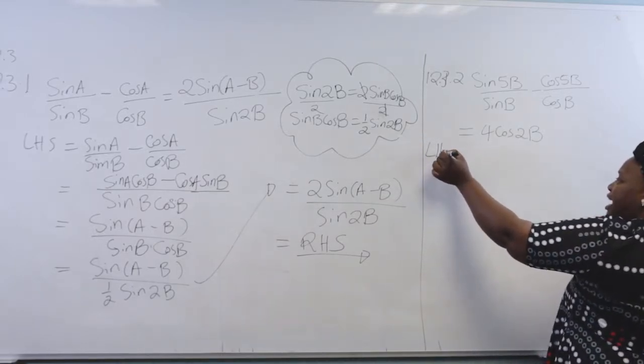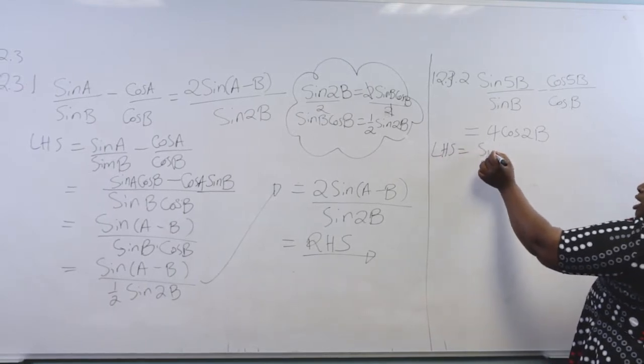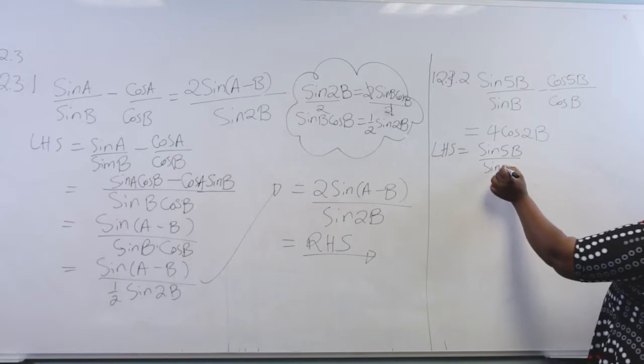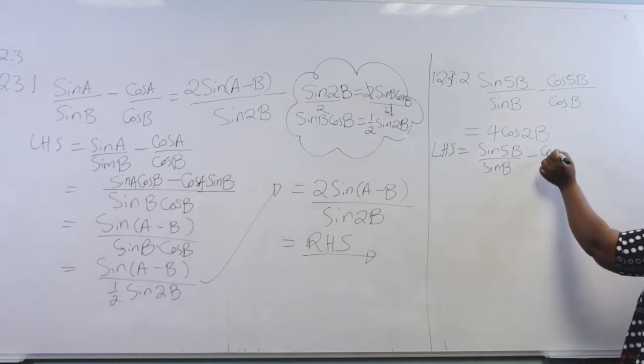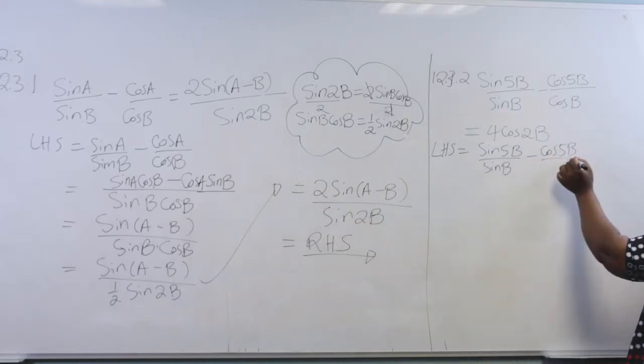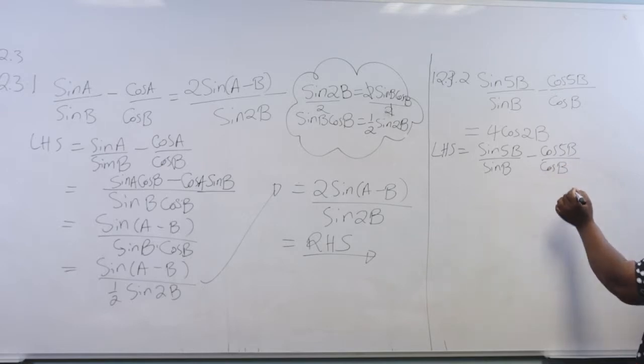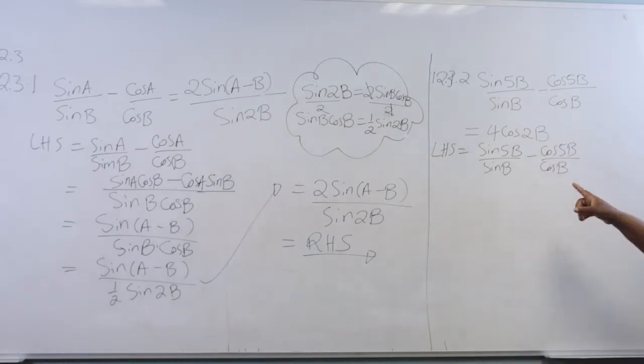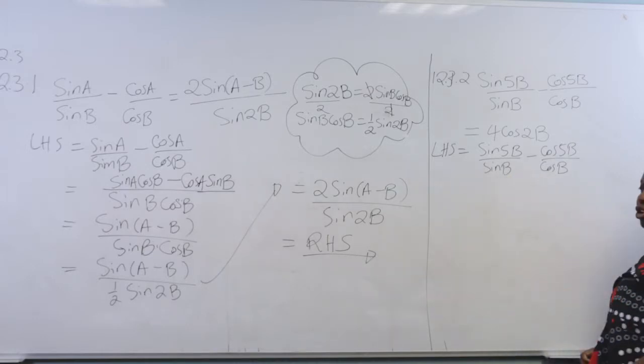My left hand side is equal to sine 5B divided by sine B minus cos 5B divided by cos B. If you look at it, we are doing similarly to what we have just done. We're going to find our lowest common denominator first.